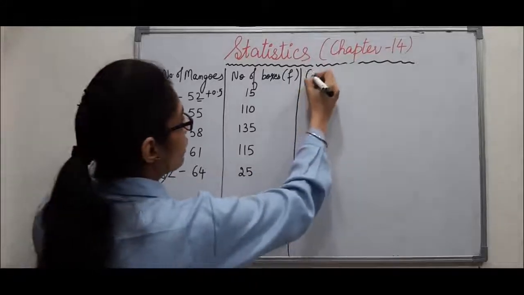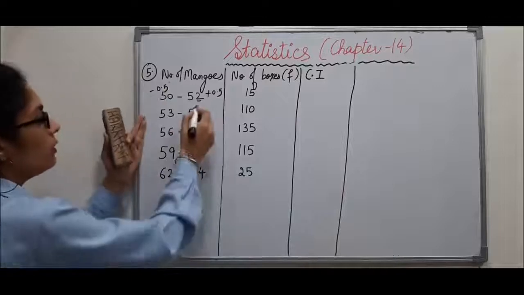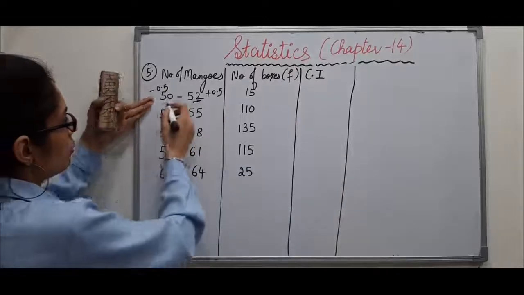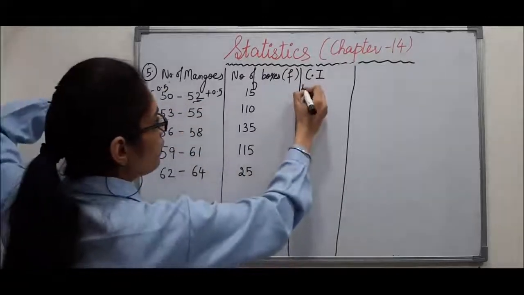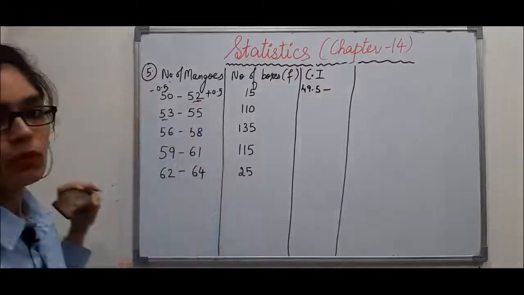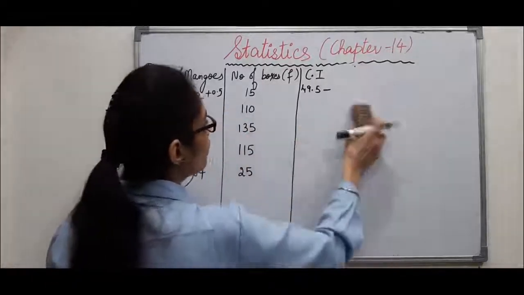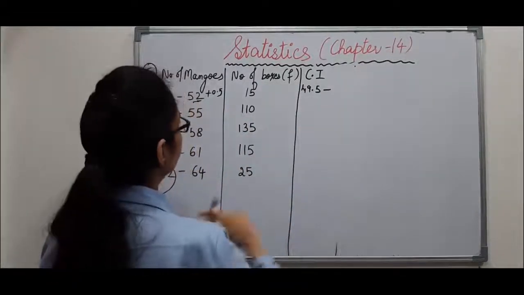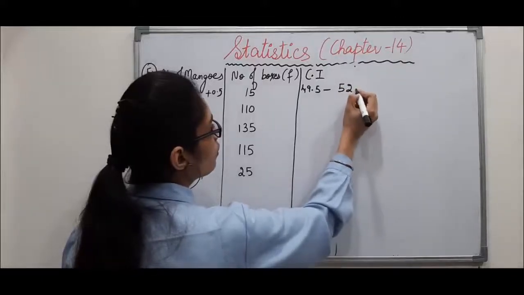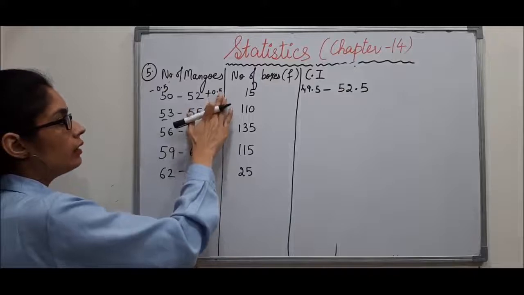This is the class interval, again I have to write because these terms are not the same. So this will be 49.5 to 52.5, since you are only adding 0.5, so directly you can write 52.5. Only 0.5 you are adding in all the terms.